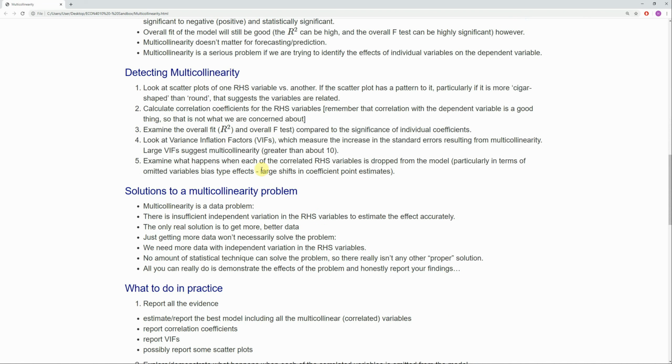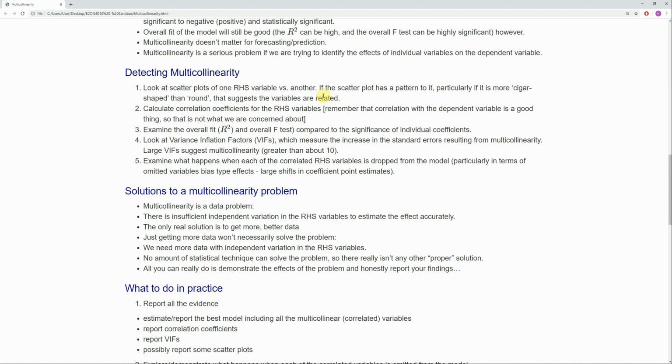Detecting multicollinearity, we talked about a couple of different ways. One was using the correlation coefficient function, the cor function in R, to calculate the correlation coefficient of your right-hand side variables and see what's going on.